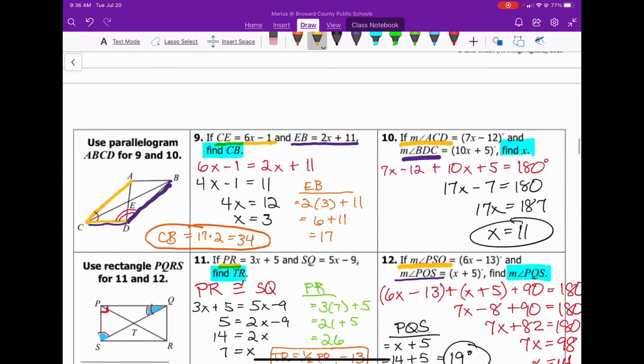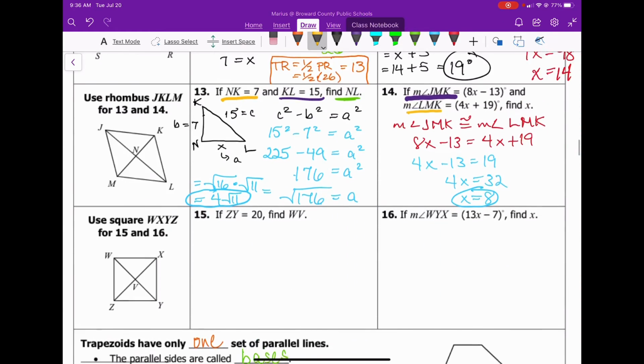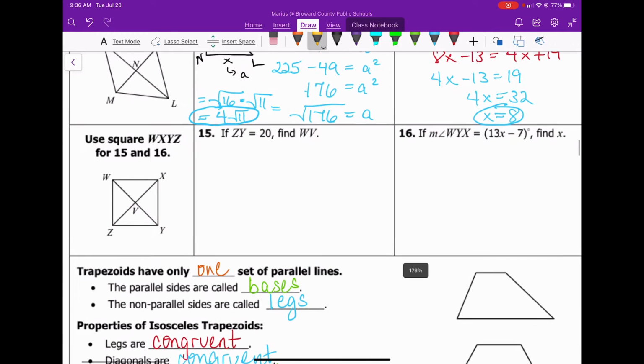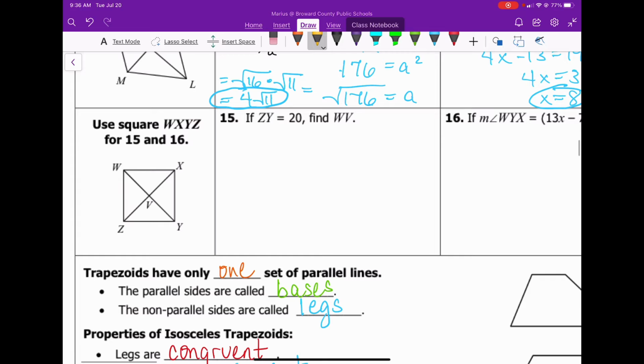All right. Let's go ahead down and take a look at numbers 15 and 16. Let's take a look at what they're asking us, and then we'll label different parts of our square. For example, in number 15, it says if ZY equals 20, then find WV.